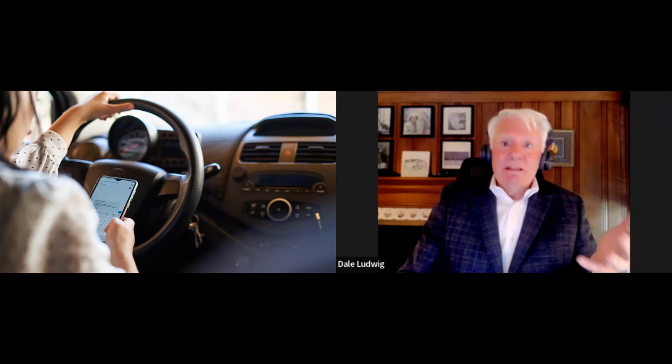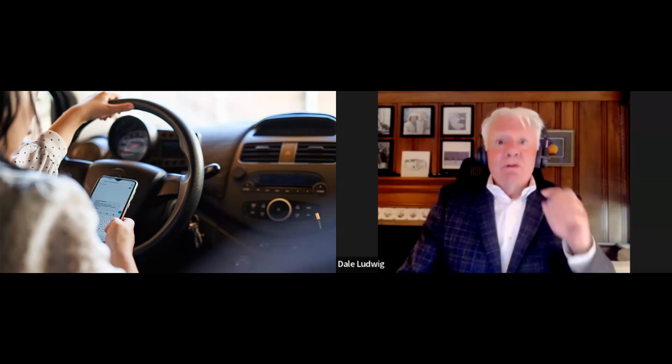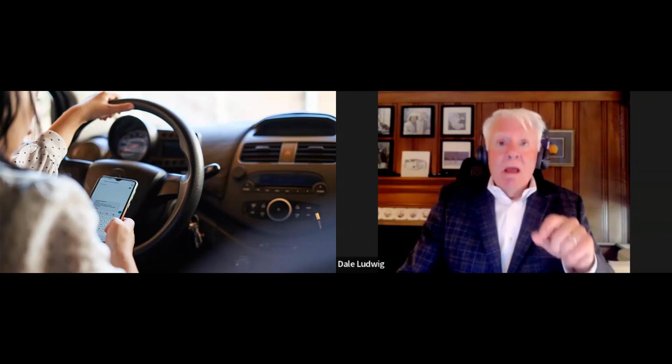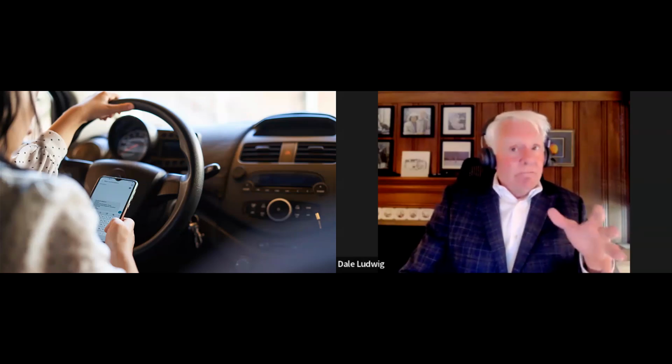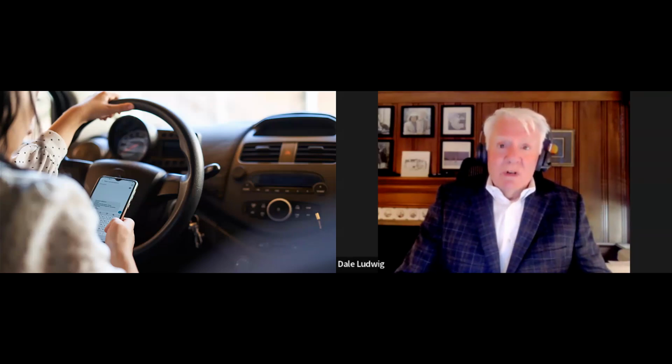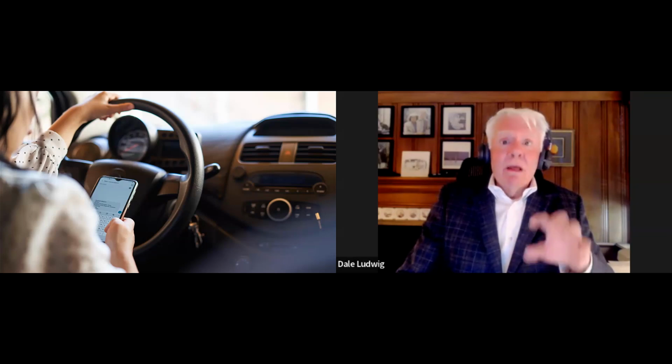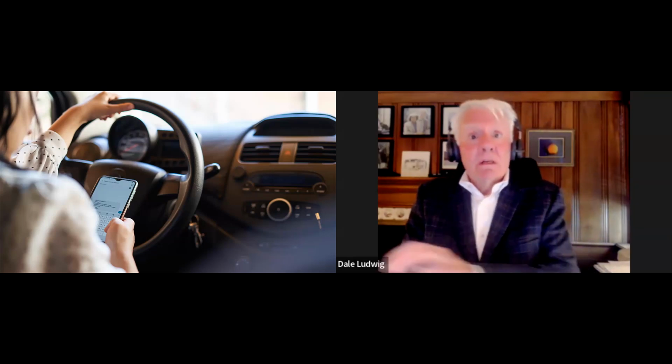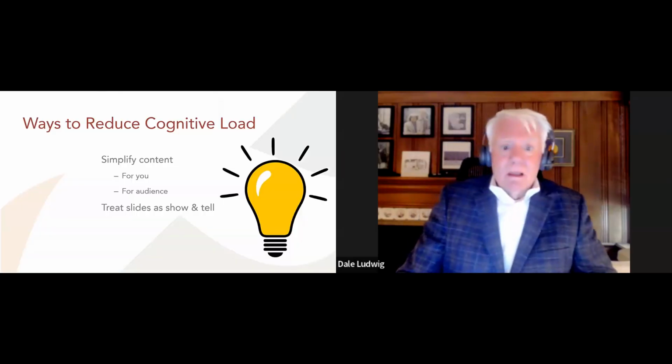They'll be able to listen to me and read this slide, and they can't. You've got to really make sure that you're focusing them and giving them just one thing to look at or think about. And that's the same for you. Don't overwhelm yourself when you're the one in charge. Think about what your cognitive load is and realize that as you prepare, you're preparing to make it easy for yourself to deliver the information.